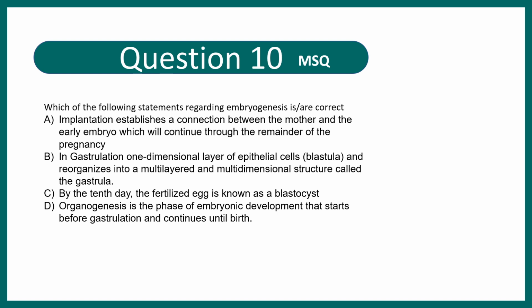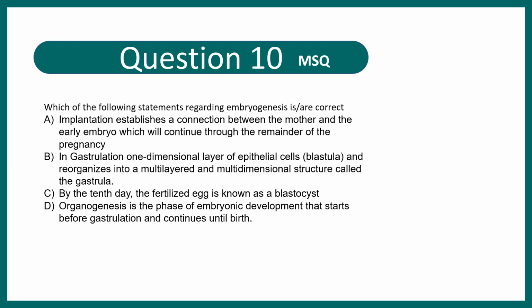Which of the following statements regarding embryogenesis are correct? These kinds of questions are very difficult because you have to choose all the correct options, only then you would get the proper marks, right? Implantation establishes a connection between mother and the early embryo, which will continue throughout the remainder of pregnancy. In gastrulation, a one-dimensional layer of epithelial cells called blastula is reorganized into a multi-layered and multi-dimensional structure called gastrula.